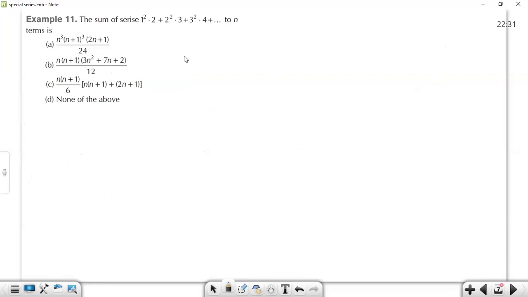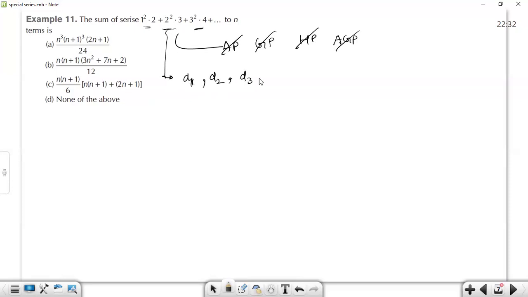Okay, so now moving ahead, let's find out the sum of this series. If the given series is not in AP, not in GP, not in HP, nor even in AGP, then we'll find the differences between terms. Like D1 is the difference between the second and first term, D2 is the difference between the third and second term, and similarly.